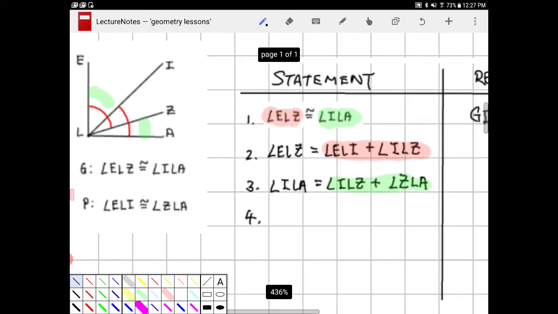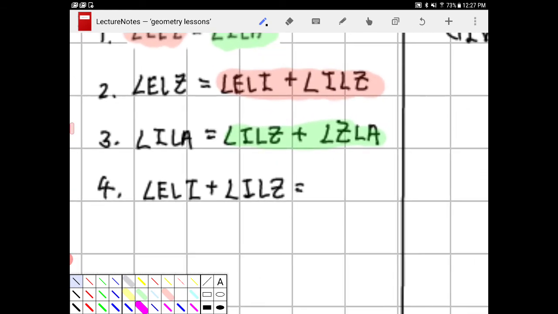Oh yeah, so wait a minute. The information that's in pink, they are all the same, right? So I can say angle ELI plus angle ILZ will be equivalent to that stuff there in green, ILZ plus angle ZLA.